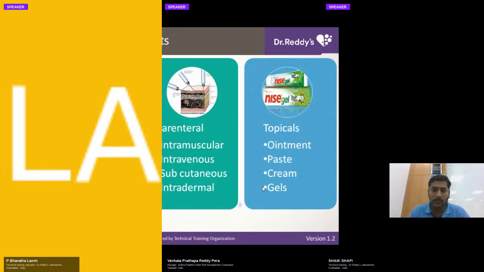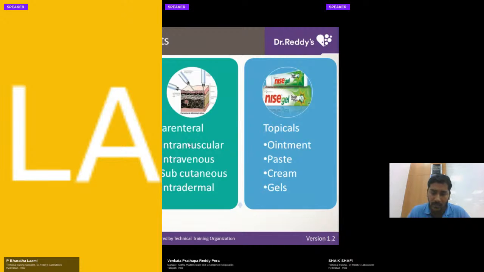Whatever you can speak. Then coming to different types of drug products, in formulation there are three types. One is oral, which we take through our mouth. Some examples are tablets, capsules, powders, liquids, whatever we take through our mouth. Then coming to parenteral, these are injections: intramuscular, intravenous, subcutaneous, intradermal.